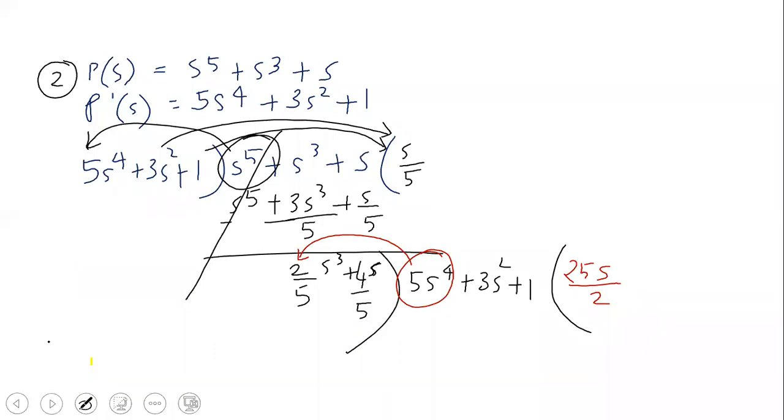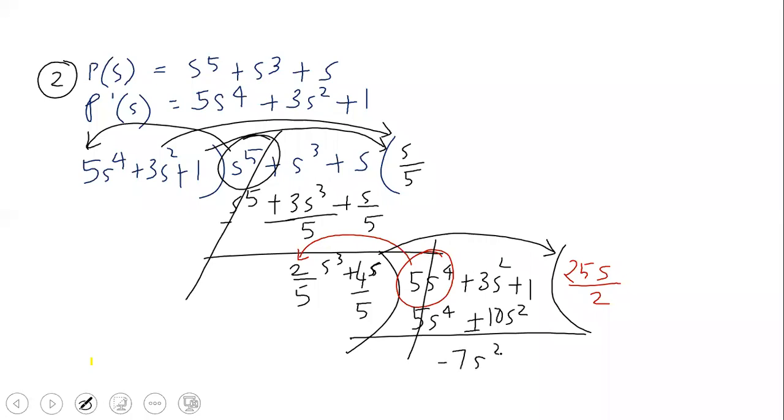Yes, correct, Advait, Shweta, Atharva, Ganesh. So this will be 5s raised to 4, plus if you multiply this term by this term, then you should get 10s square. So this term gets cancelled. This will become 7 minus 7s square. So you're getting a negative term, but you should not stop. You have to continue doing it. So this will become 2 upon 5 s cube plus 4s upon 5.